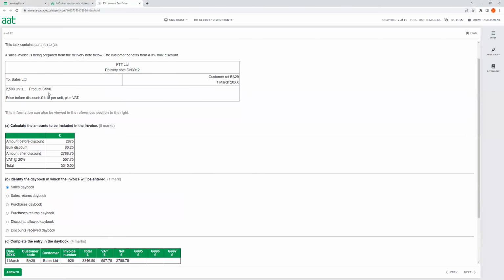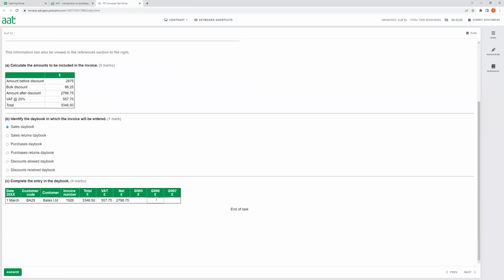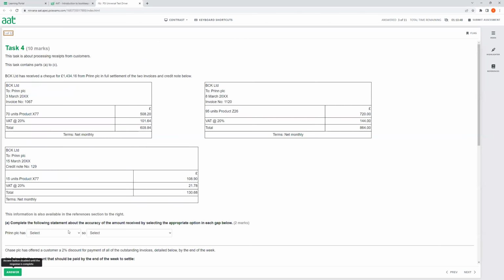And what product was it? G996. So G996, and that is the net again, 2788.75. Remember to always show the net figure because the VAT is for the HMRC, not for the company. All right, let's move to the next one.